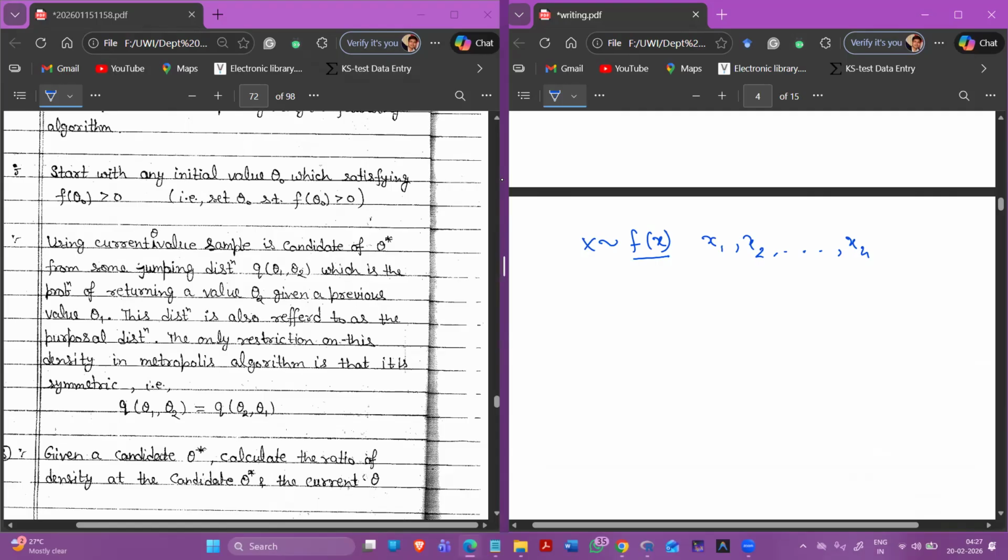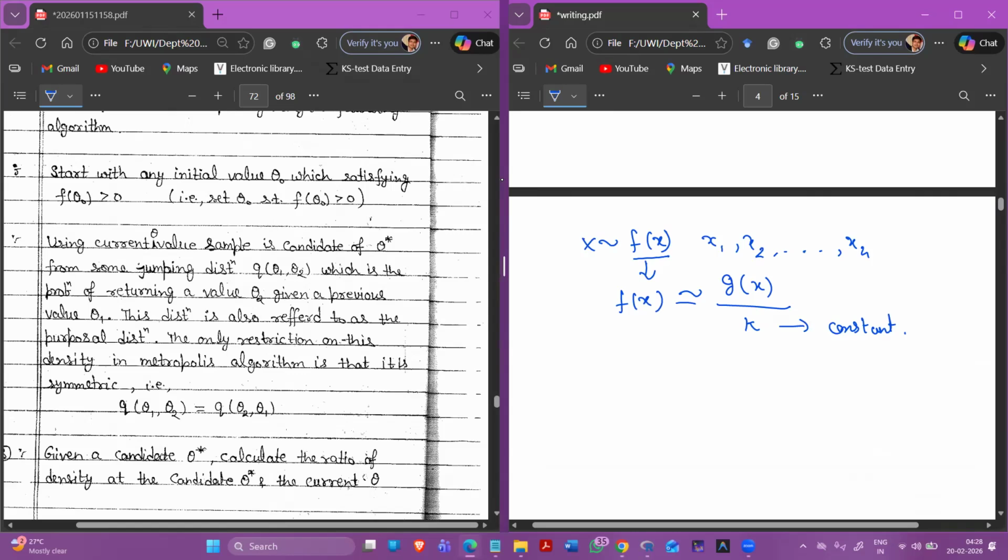So what I will do is, I can approximate my density fx in the form of gx divided by k, where k is any constant. Are you getting up to here?